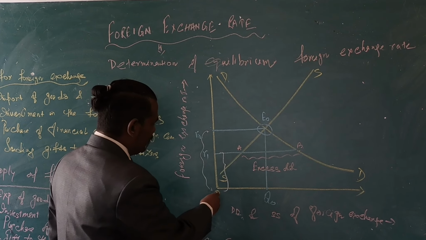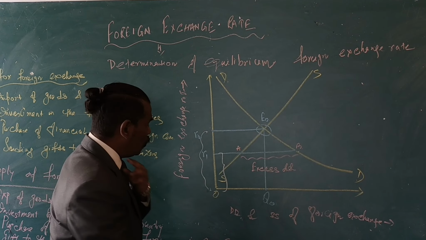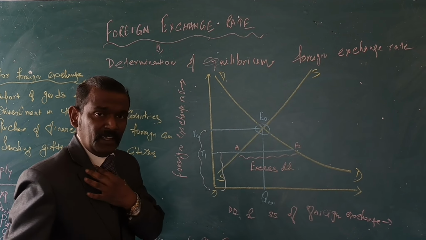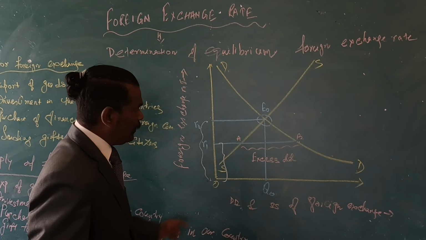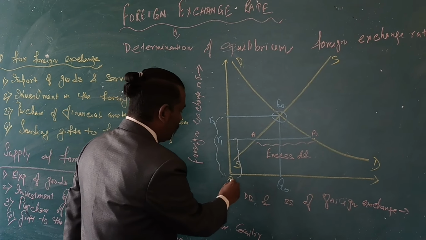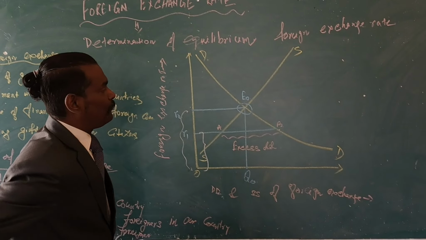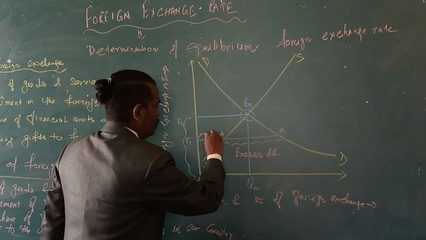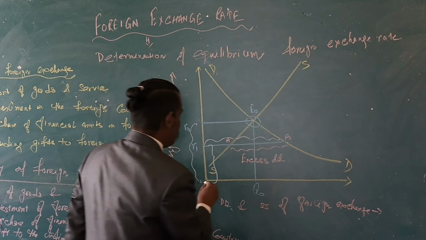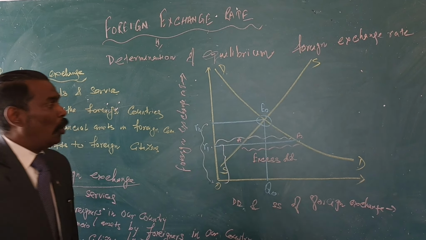In this case, what is the demand for foreign exchange? The demand for foreign exchange will be R1B. This is the demand for foreign exchange at the exchange rate OR1.